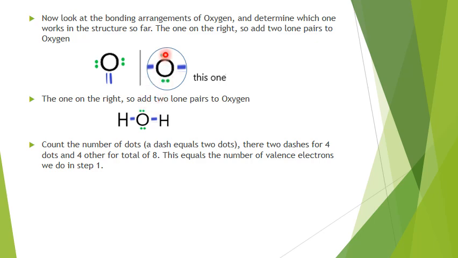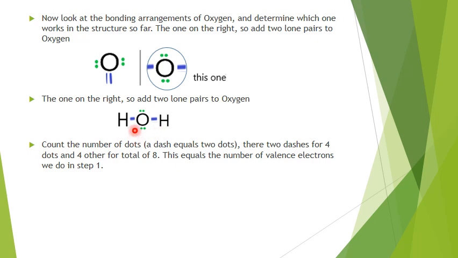And so what we need to do is just add the two dots on top and bottom, and we're done with our structure. So now each hydrogen has one bond, and oxygen has two bonds, two lone pairs, just like we said from the table we just put up.